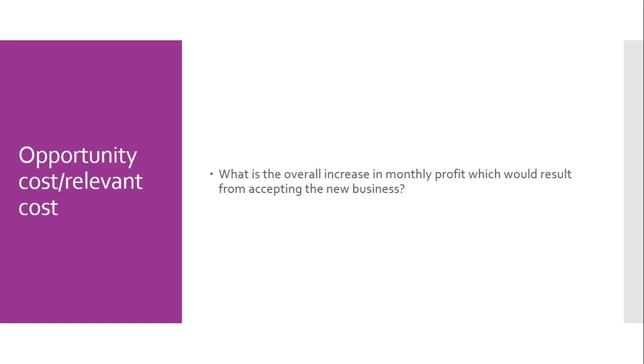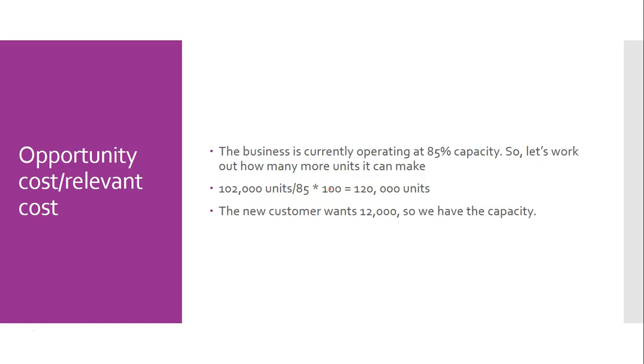So the question asks, what is the overall increase in monthly profit as a result of accepting this new business? I think it's just good to work out, okay, what's our total capacity? We can make 120,000 units. We're currently making 102,000.